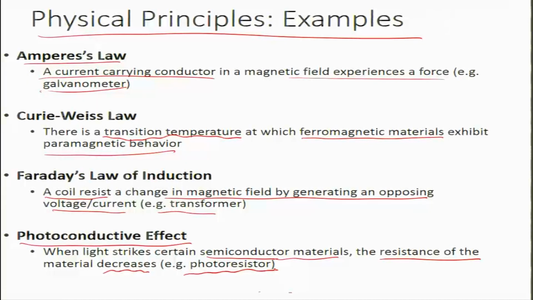Therefore, an intensity measurement of the incident light can be performed by looking at such delta R, or change in resistance of the material. So that's the photoconductive effect.